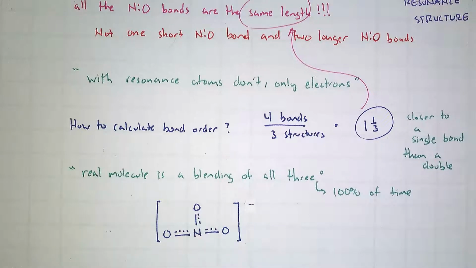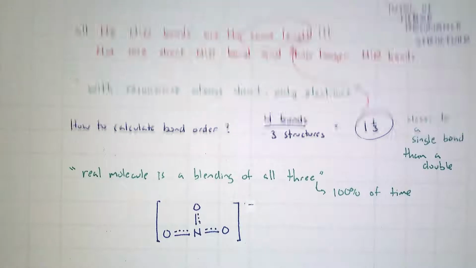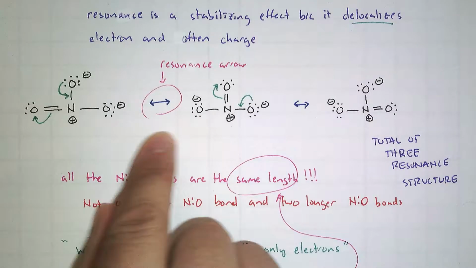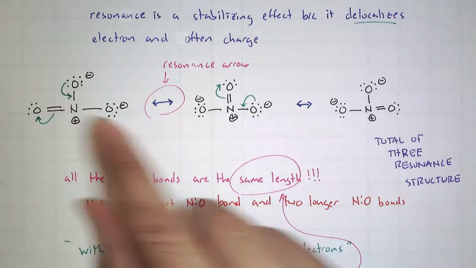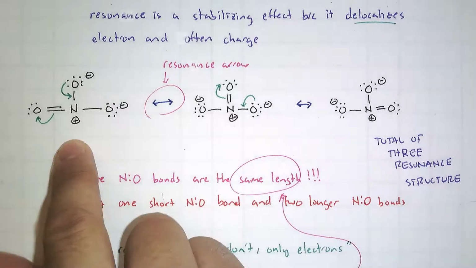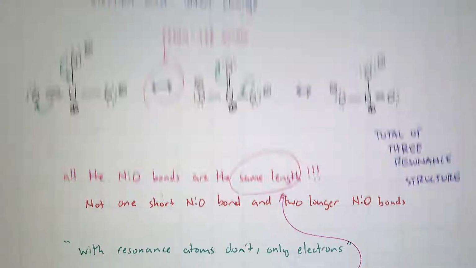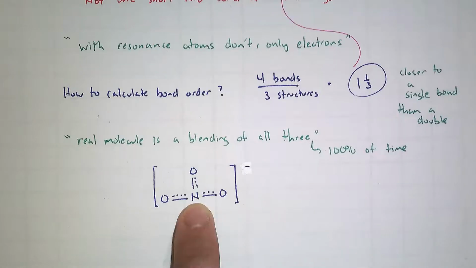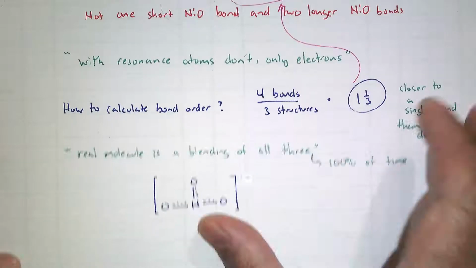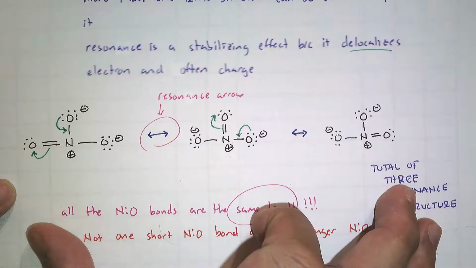So chemists just said, if you could draw a valid Lewis structure, we will accept any one of these three as the valid Lewis structure for NO3-, even though in real life you have 1 and a partial third bond for each nitrogen-oxygen bond. Okay, so that's how you figure out bond order, and that's the story of resonance.